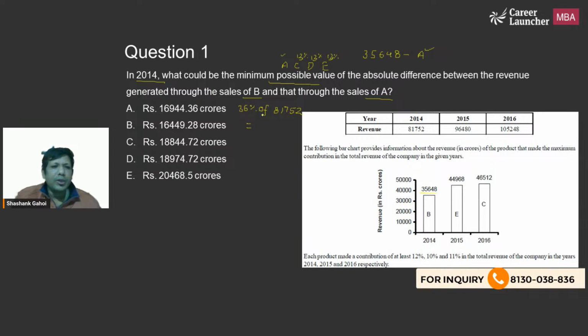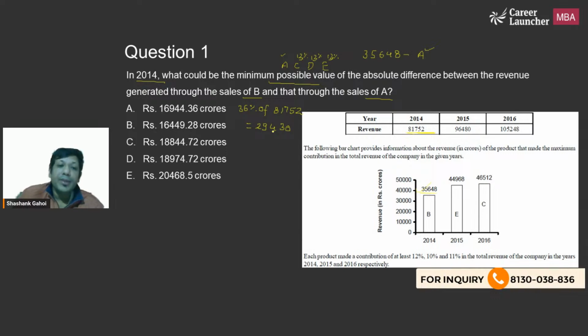I think it is going to be close to 29,000, 30,000. Kushagra, Shubhra has calculated revenue of B divided by this into 100, right? So 29,430, close to this value. This is the value you are going to get.